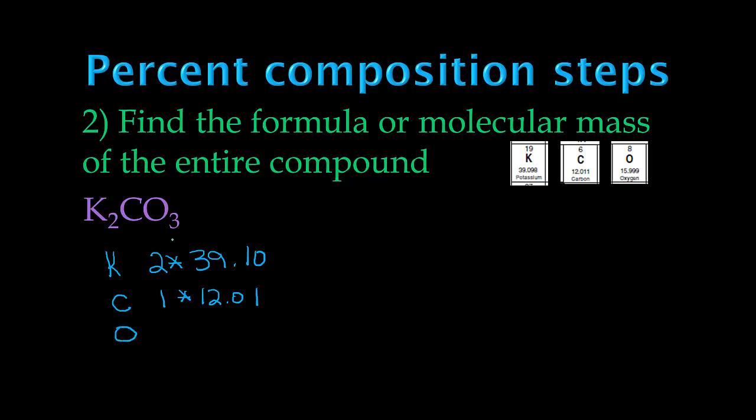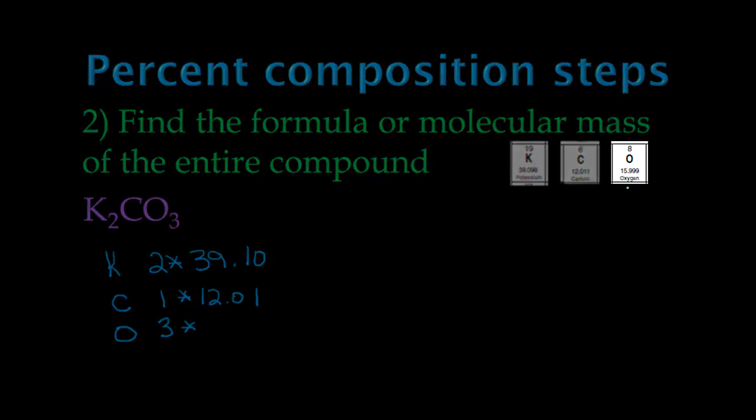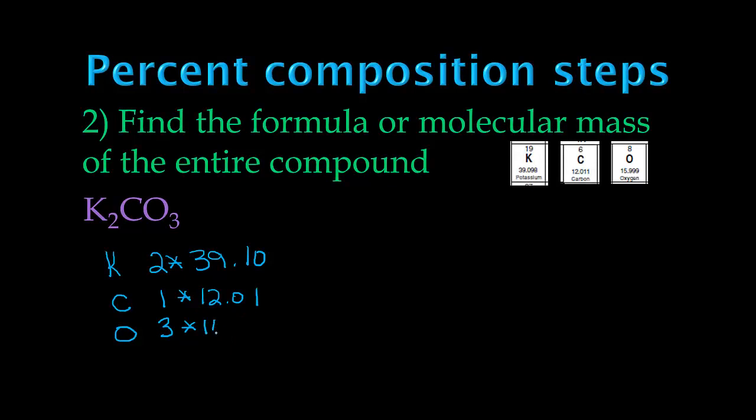And then lastly, oxygen. We have 3 oxygens, so we're going to do 3 times. Oxygen is 15.999. That last 9 makes this 9 go up, which makes this 9 go up, which makes this 5 go to a 6. So it's 16.00. If we add all of those up together, 2 times 39.10 is 78.2. 1 times 12.01 is 12.01.